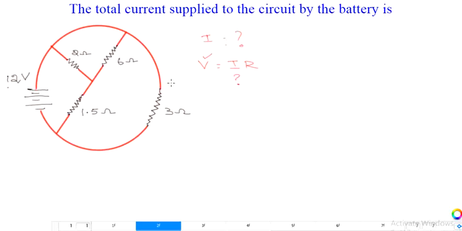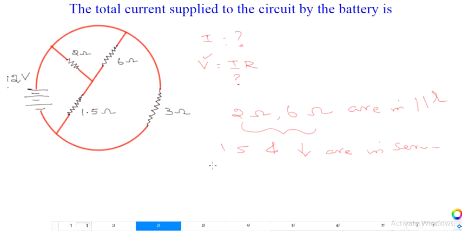How to redraw? That is the challenge for us. By looking at the circuit, you can understand this 2 ohm and 6 ohm are in parallel. If you put this in parallel, then this 1.5 and this parallel combination are in series.